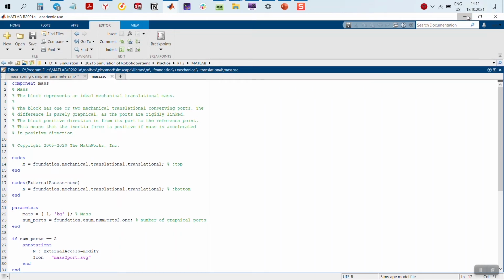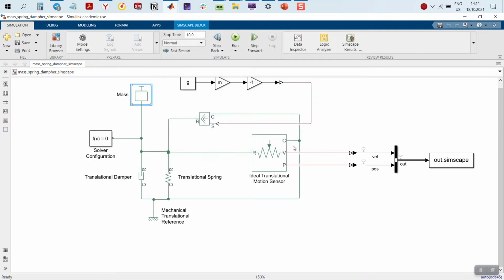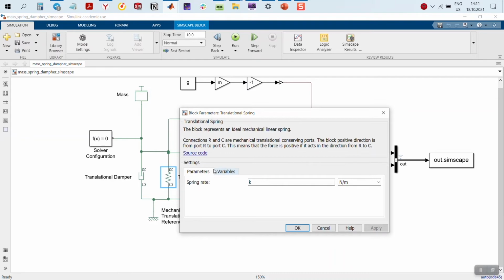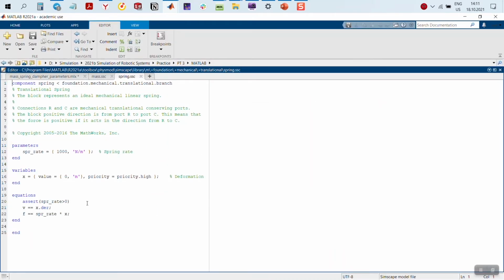For example, spring, source code. Here also, V stands for the velocity, that I believe is the derivative of x, and force is the effort, which is called spring rate. It is coefficient of stiffness times the state, x.